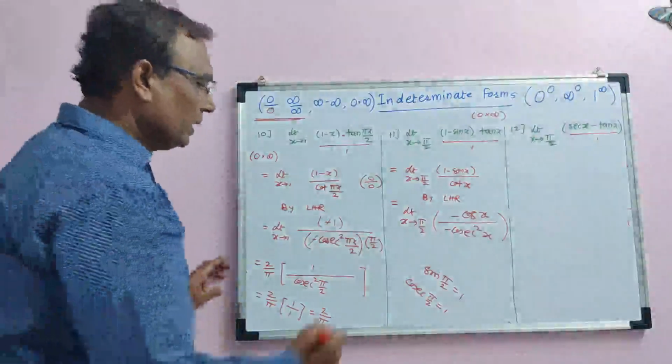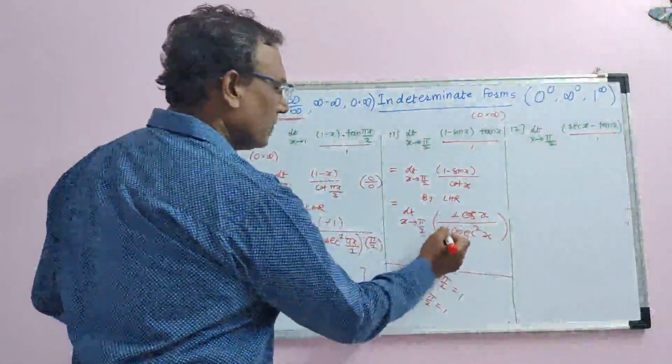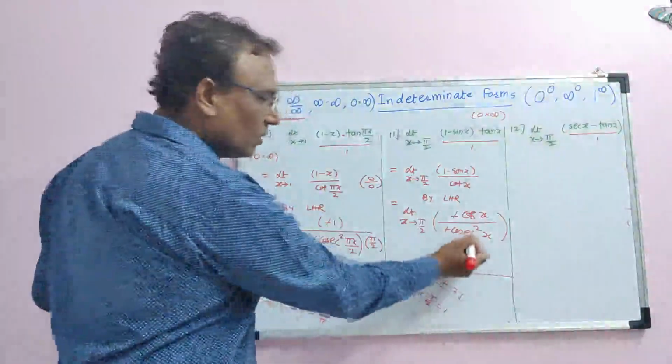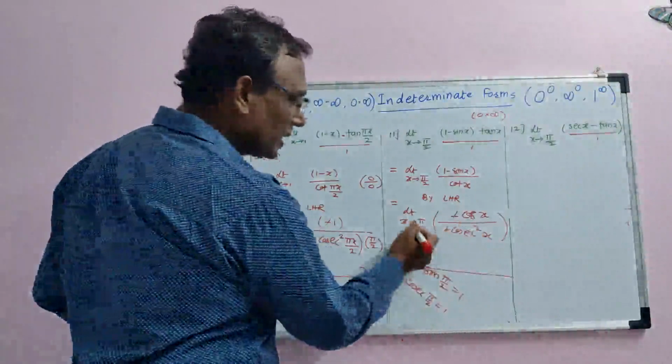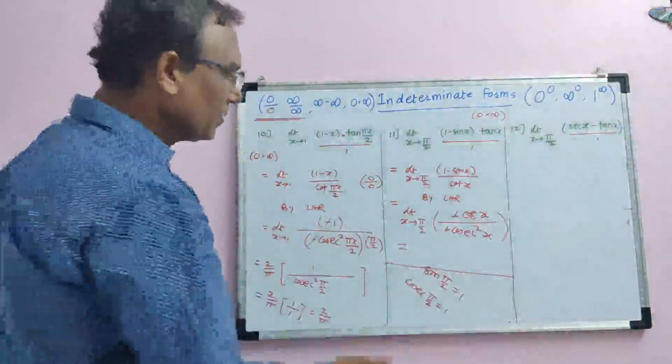The minus signs cancel. What is cosec pi by 2? It is 1. So we are not getting 0 in the denominator by putting x equal to pi by 2. Then you stop here for applying L'Hospital rule.